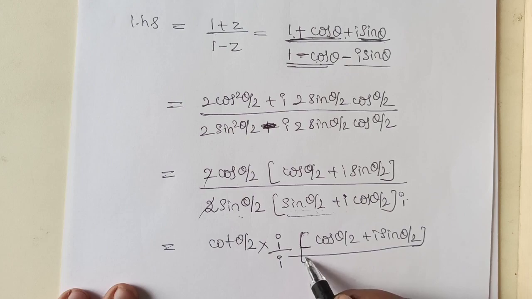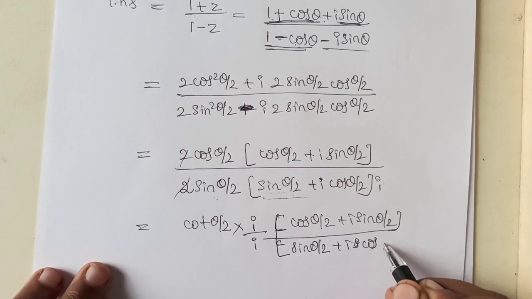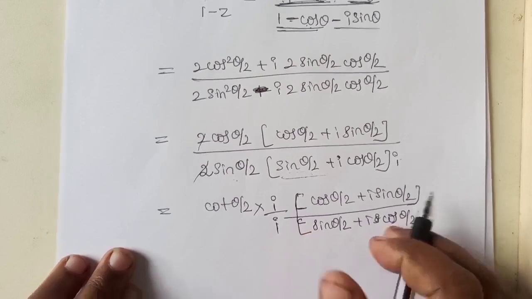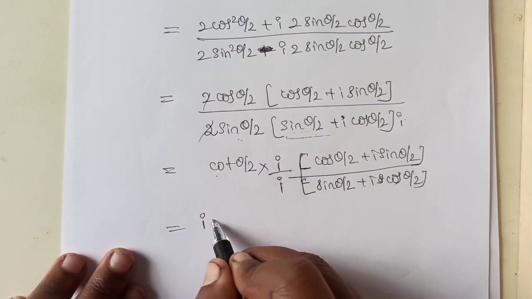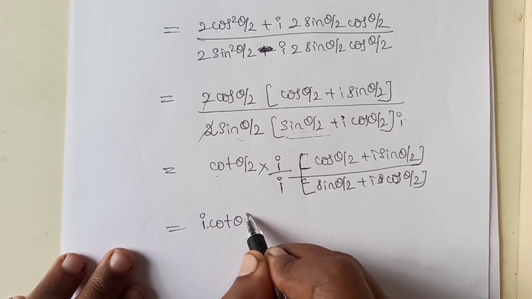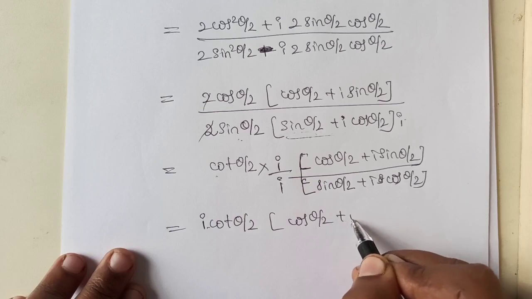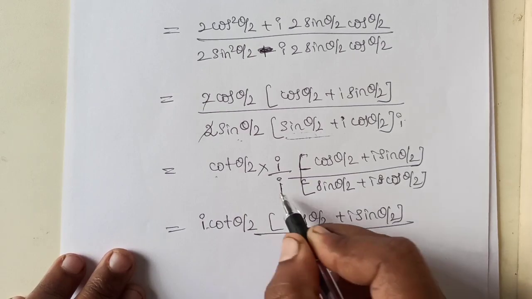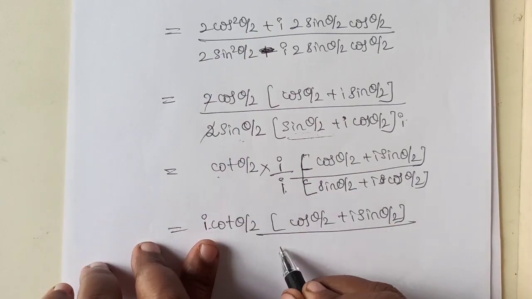Denominator: sin theta by 2 plus I cos theta by 2. Multiplying this I with this denominator, this I can be taken here, that is I into cot theta by 2, so cos theta by 2 plus I sin theta by 2 as it is. But the denominator can be written as I into sin theta by 2 plus I square cos theta by 2.